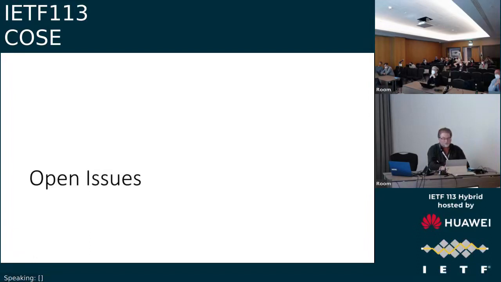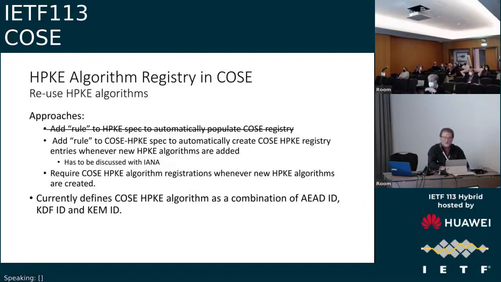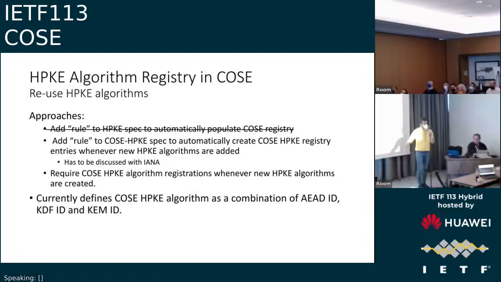Okay, open issues. So we talked about the algorithm registry, and the group wanted to have an efficient way to reuse the HPKE defined algorithms. And obviously for the currently defined algorithms, there isn't really a problem because they are listed in the now RFC, and they will be put into the document and registered.